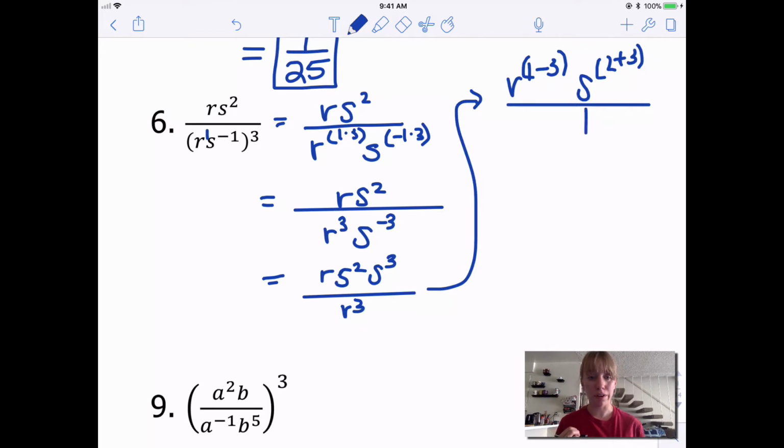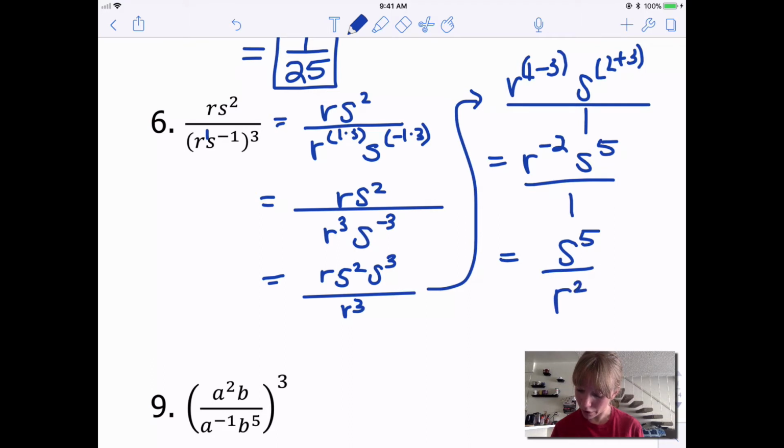And that's all over 1 right now. R to the 1 minus 3 is r to the negative 2. And then I have s to the 5th. I'm almost done, but I have that r with a negative exponent, so that means it's in the wrong spot. You need to flip it to the bottom. So I get s to the 5th over r squared.